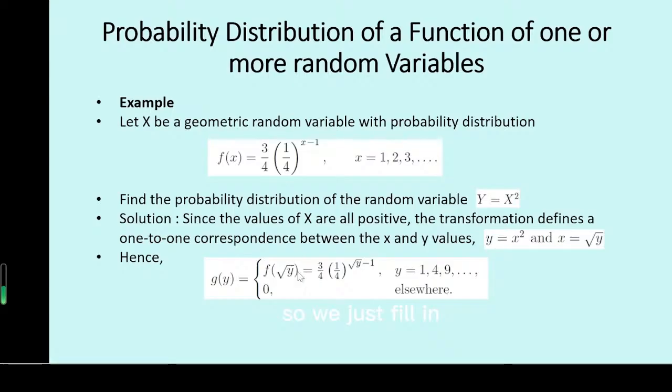So we just fill in the square root of y in the probability function for x, and we get g(y) equals 3/4 times (1/4) to the power square root of y minus 1. Here only the values y equals 1, 4, 9, 16, 25, and so on.